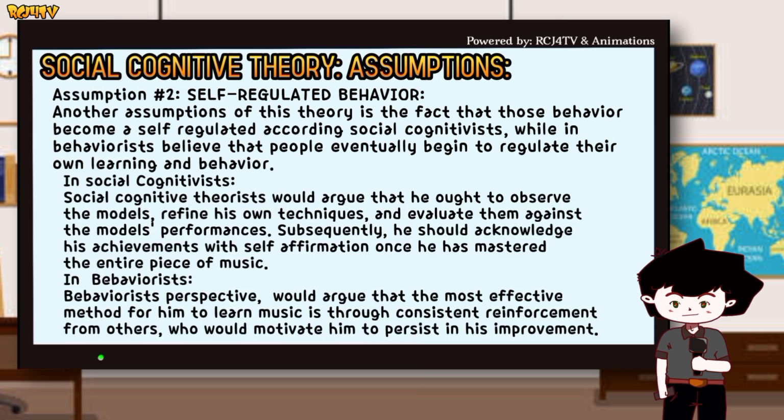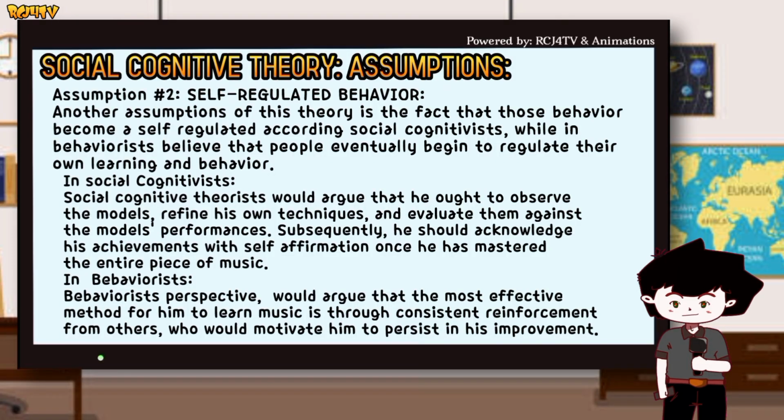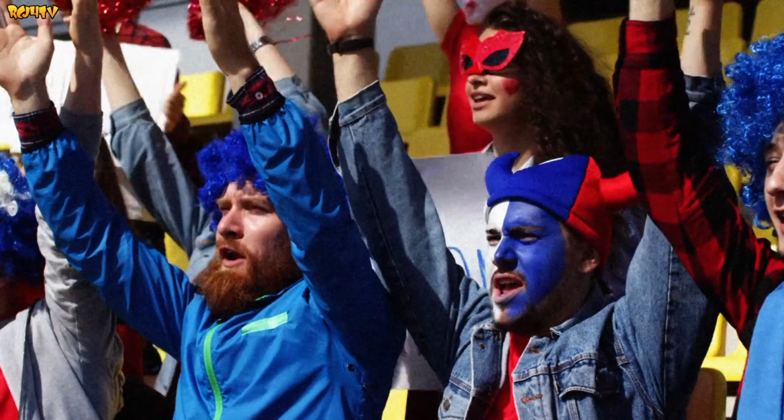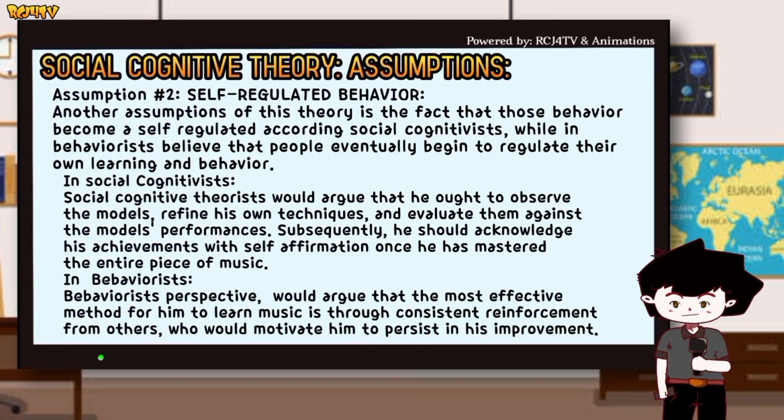Social cognitive theorists would argue that he ought to observe the models, refine his own techniques, and evaluate them against the model's performances. Subsequently, he should acknowledge his achievements with self-affirmation once he has mastered the entire piece of music. However, the behaviorist's perspective would argue that the most effective method for him to learn music is through consistent reinforcement from others, who would motivate him to persist in his improvement.